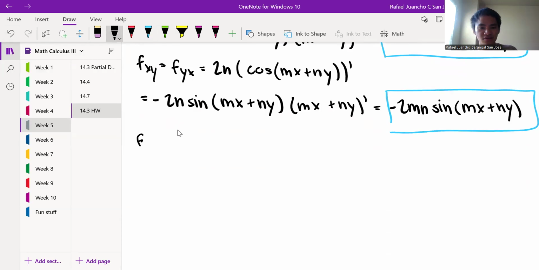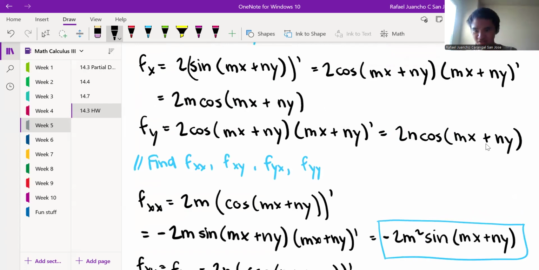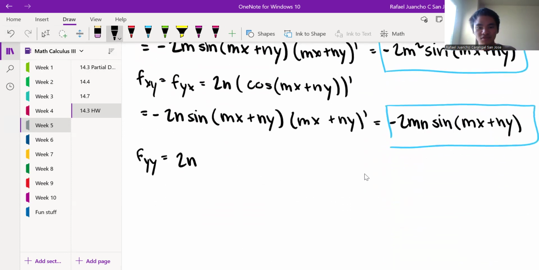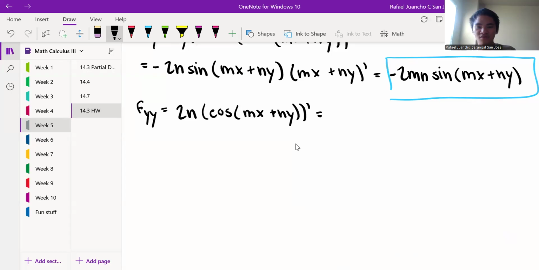And lastly, let's do f sub y. So I look at this thing, and then I differentiate it with respect to y. So I leave my 2n alone, because that's a number. I take the derivative of my cosine function, and this becomes negative 2n sine.